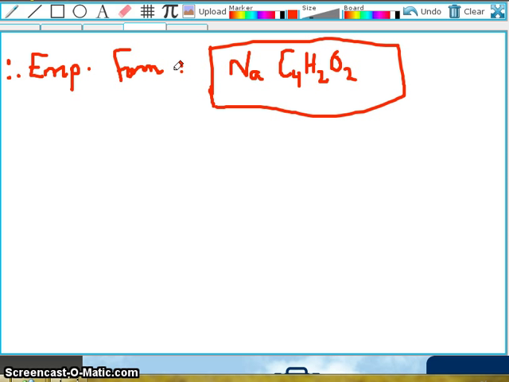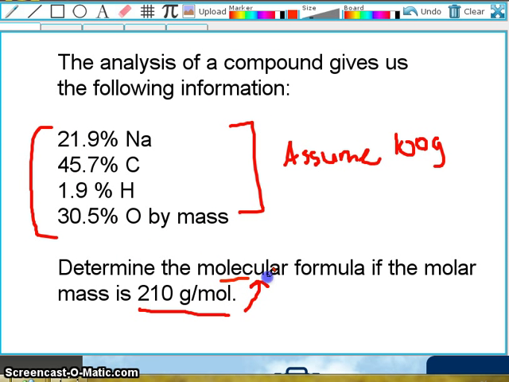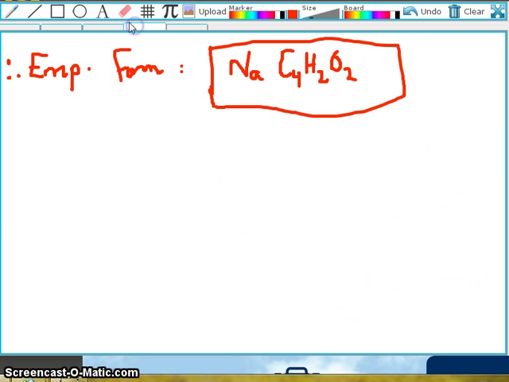But if we go back and look at the question, it was originally asking for the molecular formula. So we have one little more step to go. We know the empirical formula, so we can very easily determine the molar mass of the empirical formula.